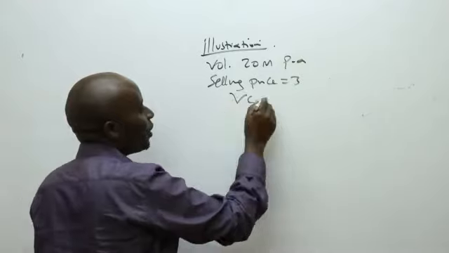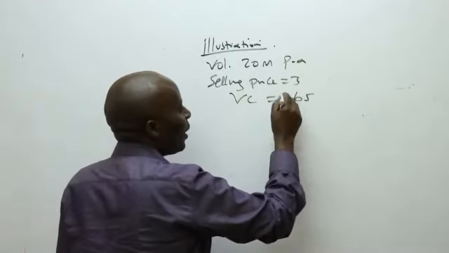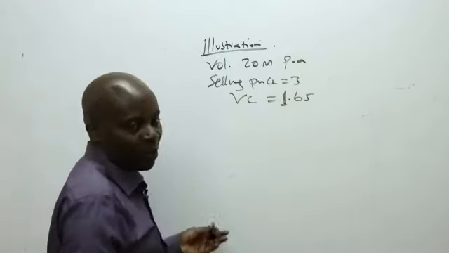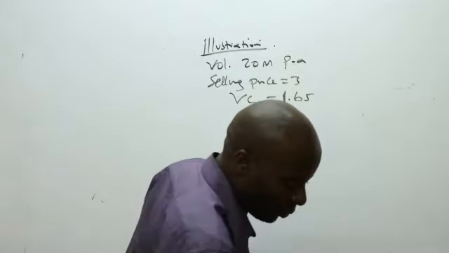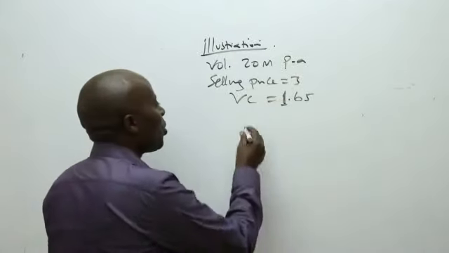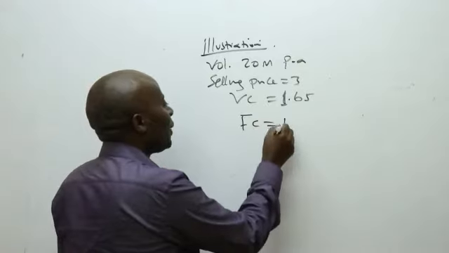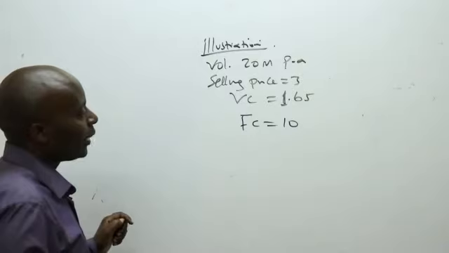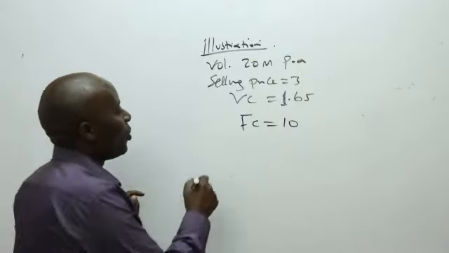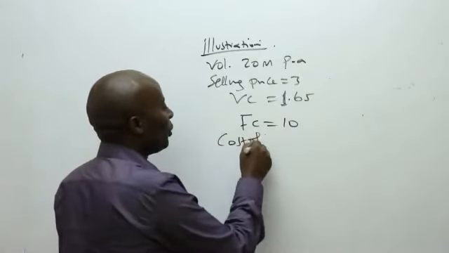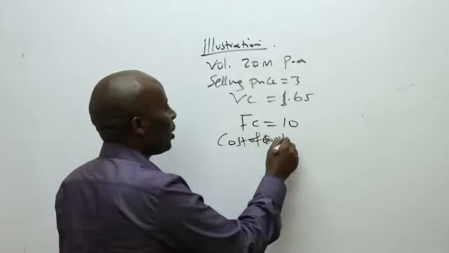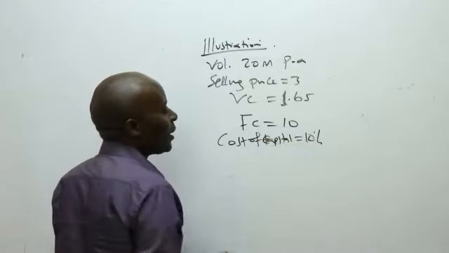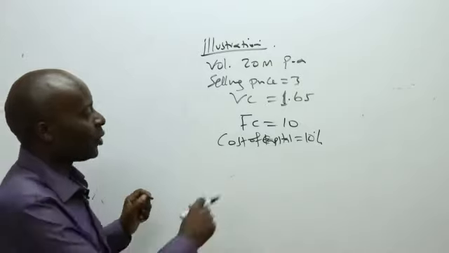We have VC, variable cost, which is 1.65. We have fixed cost of 10. What else have I forgotten here? Yes, we have cost of capital, which is 12%.